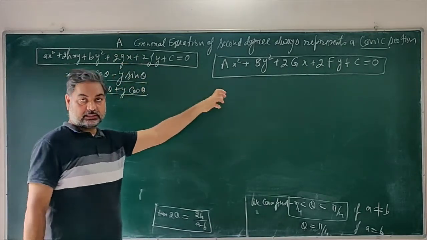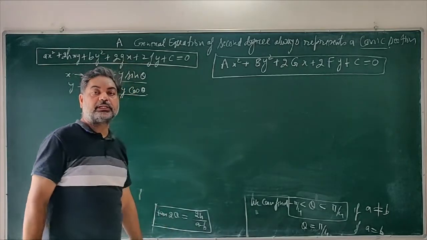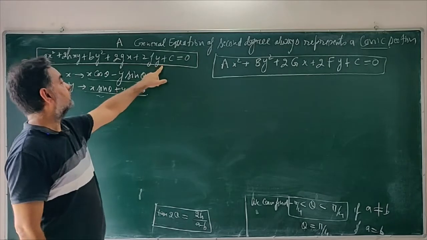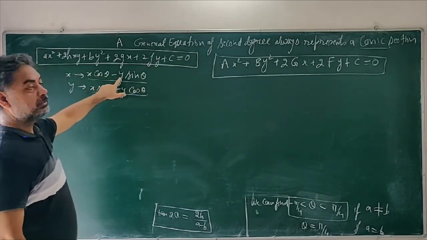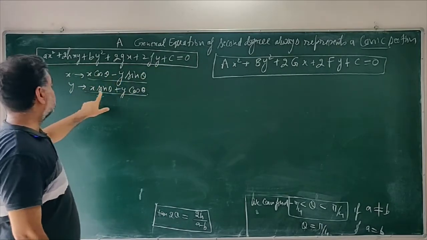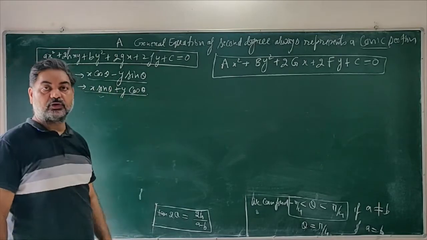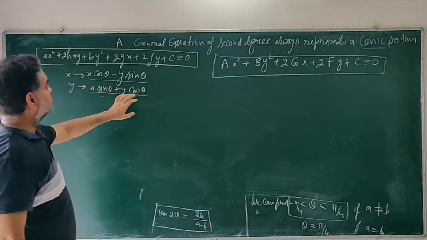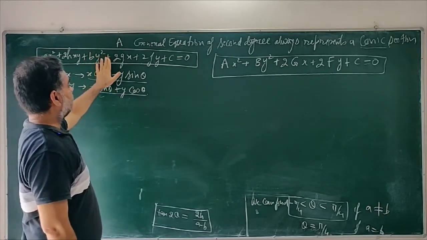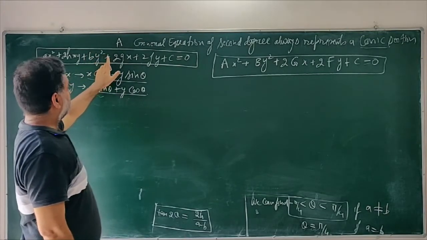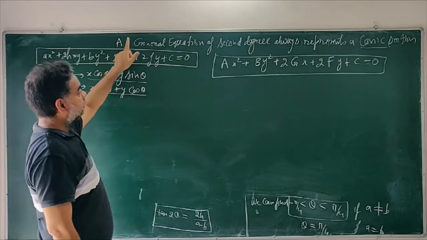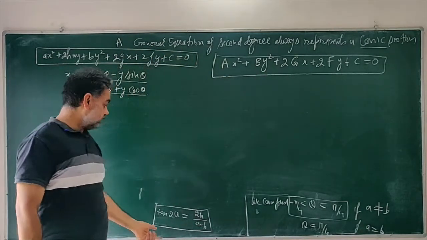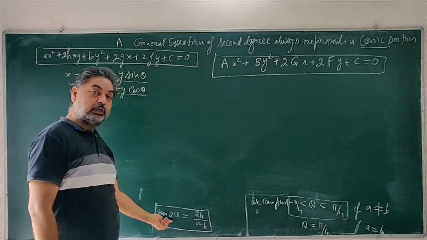We rotate the axis in the anti-clockwise direction by an angle theta, and when we rotate the axis by an angle theta, x gets replaced by this expression and y gets replaced by this expression. This we have already discussed. So when x is replaced by this and y is replaced by this, the equation can be reduced to this type of equation, if we take theta to be like this.